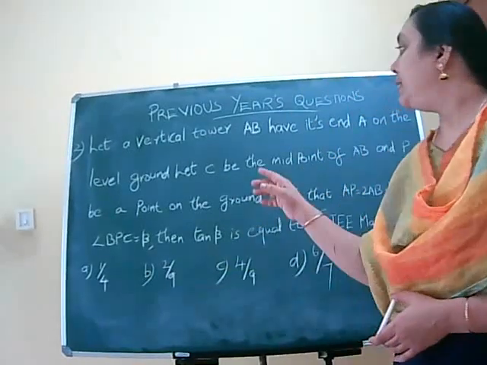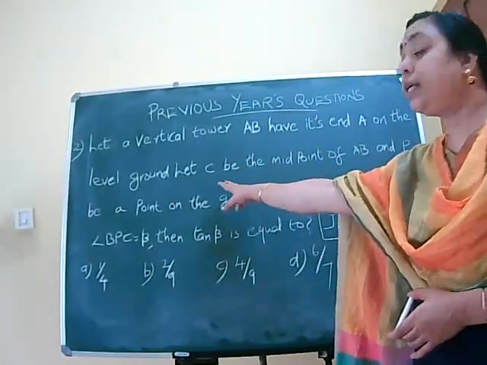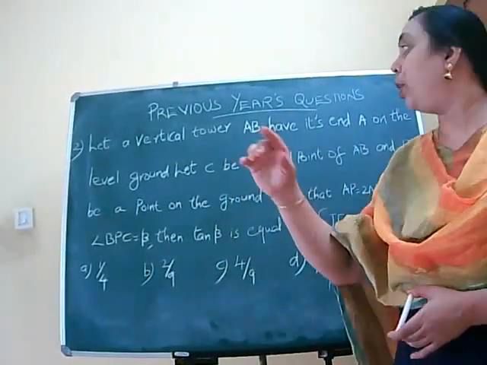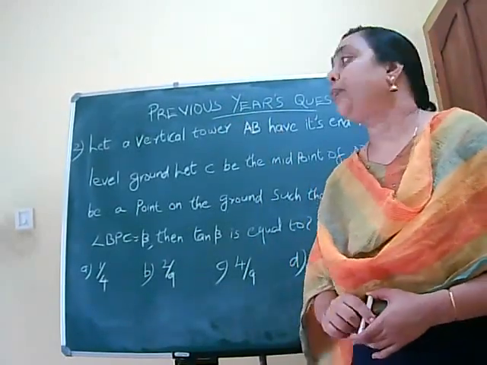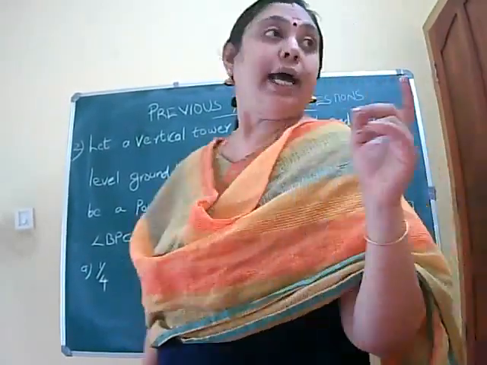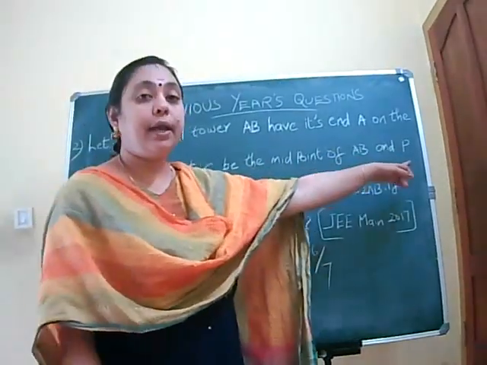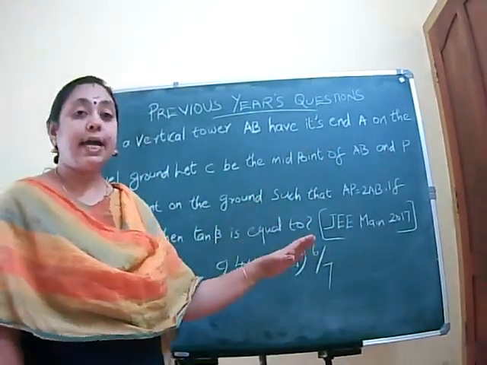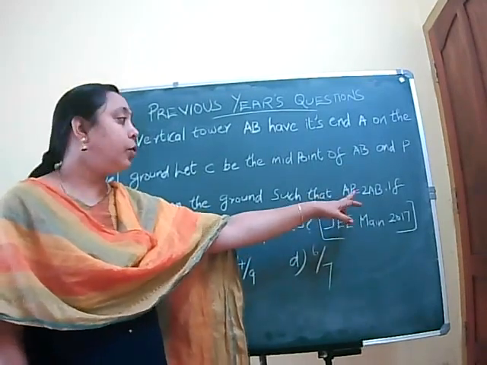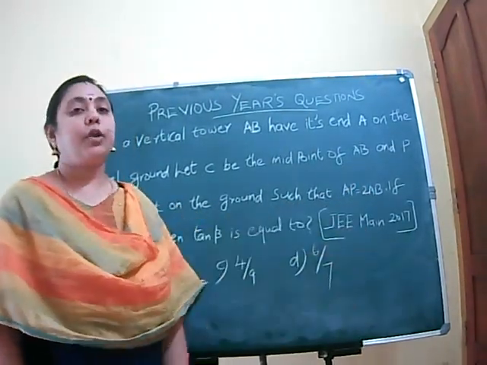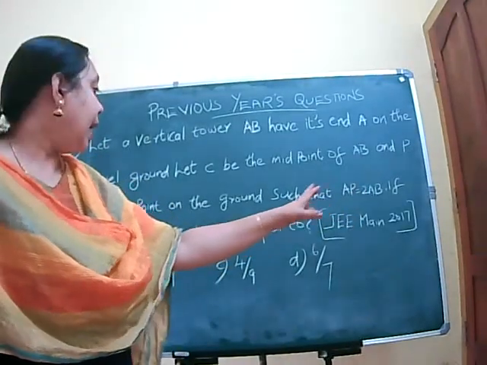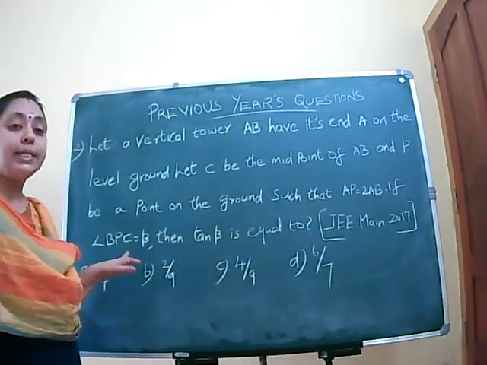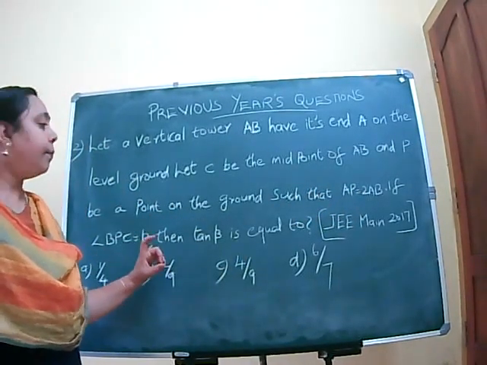Then just take the point C as the midpoint of that straight line. Then mark another point P and join AP such that AP is equal to 2AB. Also given the angle BPC as beta.